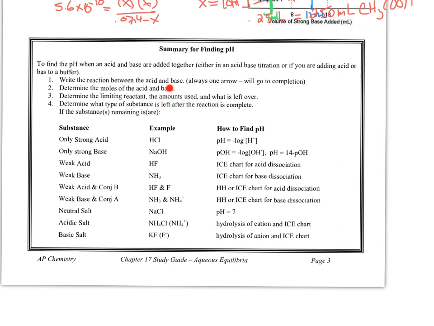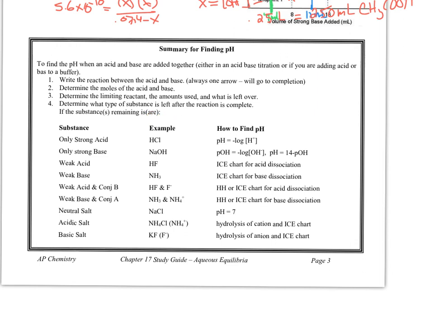Subtract that from everything, add it to the products, figure out how much is used up, what's left over. And then, at the end, look at the substances that are left over. Some of them would be used up. You don't look at those. Look at the ones that you actually have remaining. And depending on what kind of substances are left over, you determine how to find the pH.